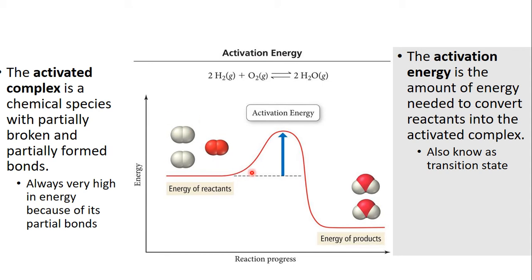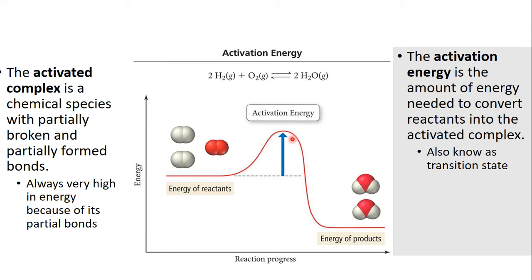And when they start to react, they'll create what is known as the activated complex or the intermediate state. And this is a very high energy state, very unfavorable state to be in, because you haven't made water yet, but you're breaking the bonds between oxygen, you're breaking the bonds between hydrogen, and you're beginning to form the bonds between hydrogen and oxygen now.